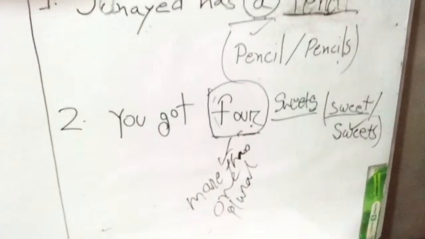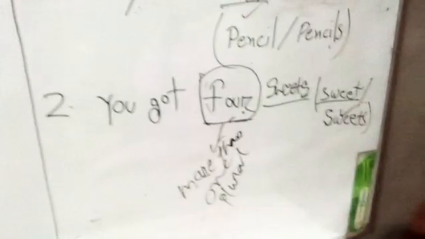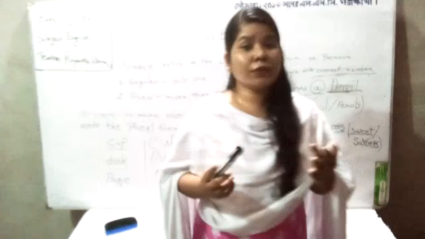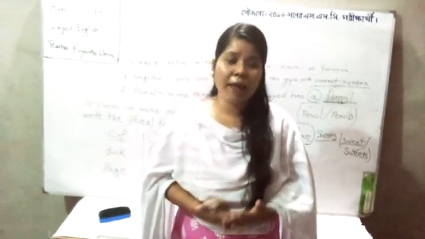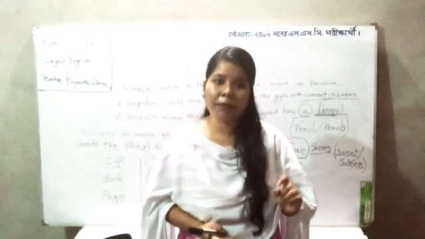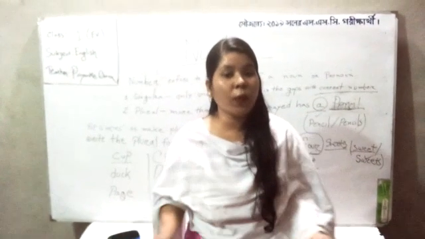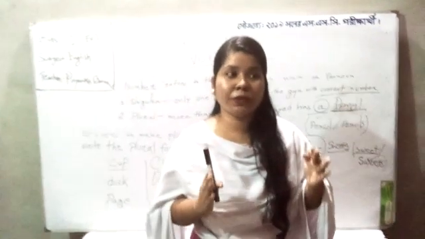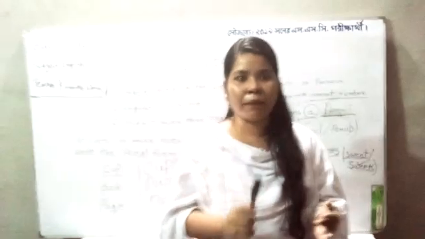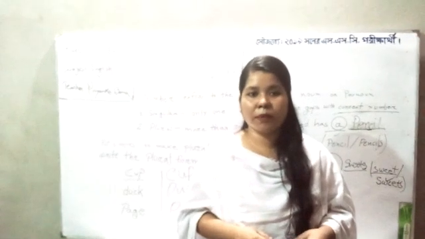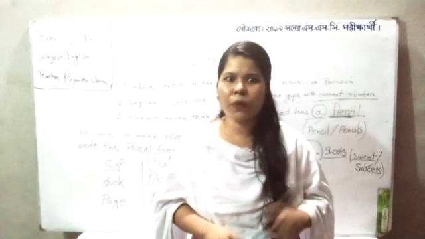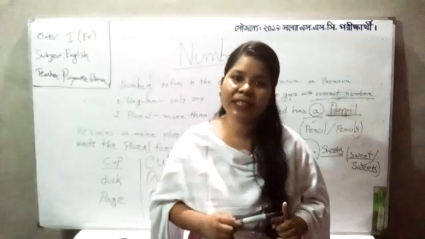Okay, I hope you now got the idea about it. So in a word, if you see there's a gap and you have to put the correct number, then you have to go through the whole line, and then you have to just concern yourself about the number just before the gap. If it mentions only one thing, then you have to go with the singular number.